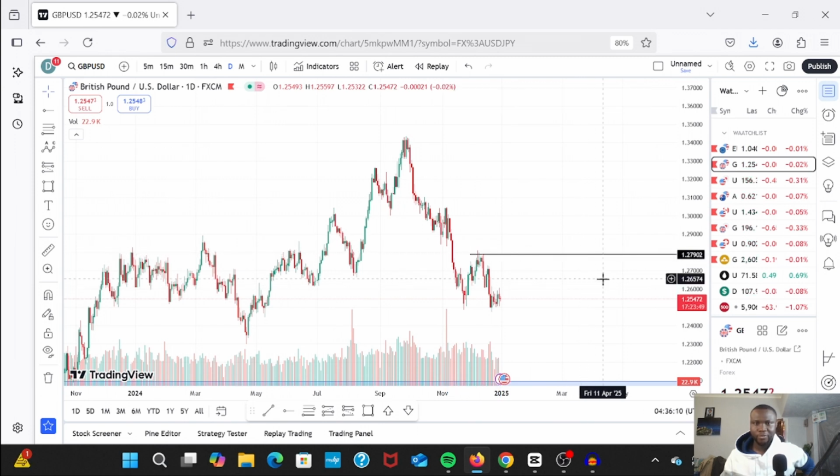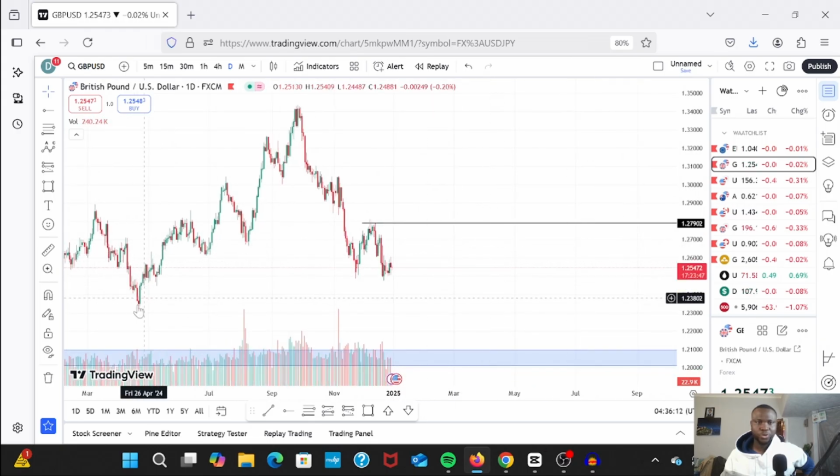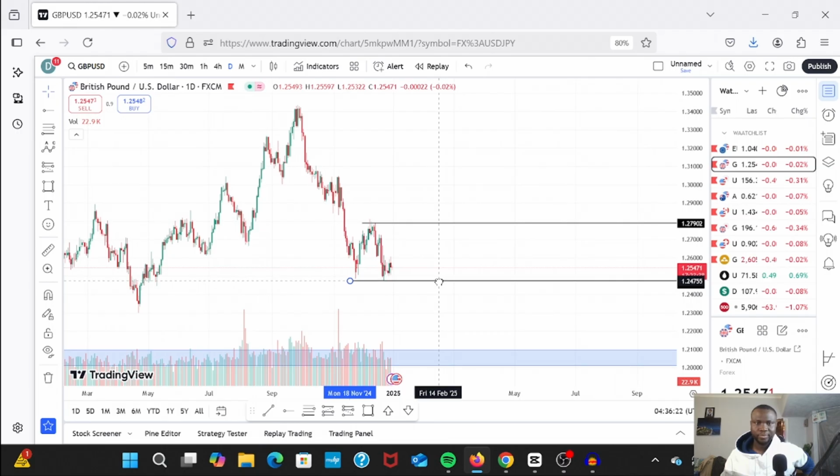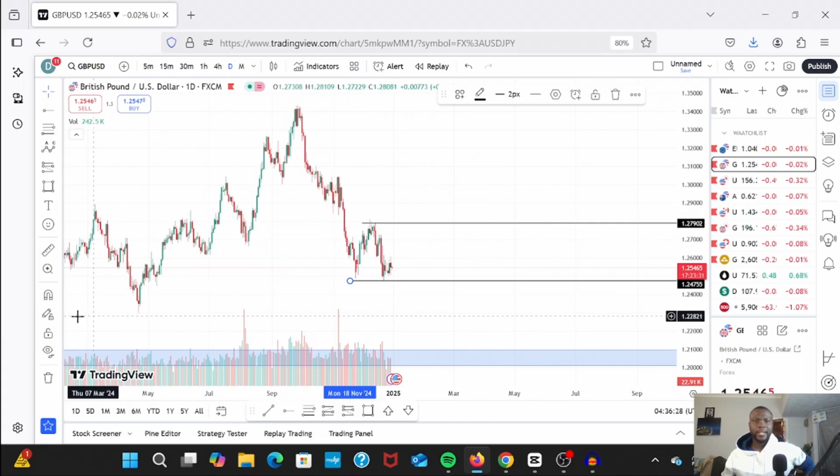I'm looking to see the area in which I'll be taking this trade. Then I'm also having another support. So this is my resistance, and I've gotten another support.